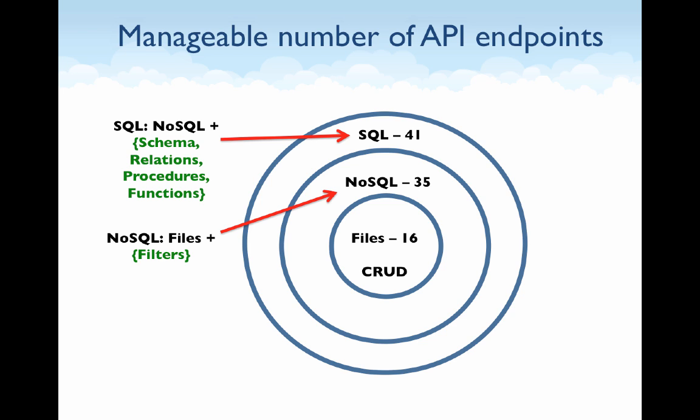You can run queries, whereas with files, you're not running queries, you're just accessing files and folders. That's really the only difference. And then SQL is a superset of NoSQL, which is a superset of files. With SQL, you get schema, you get relations, you get procedures and functions. So it's everything that you have in NoSQL, plus these additional things that I put here in green that cover SQL-specific functionality.